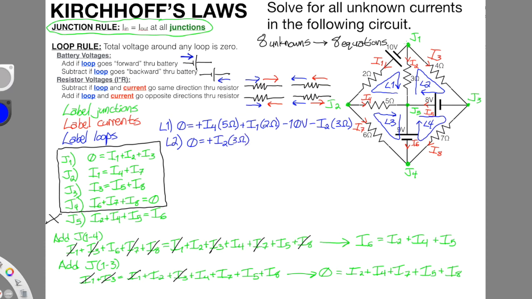Then our loop goes down right through the 4 ohm resistor, the same direction as I3. So since the loop and the current are in the same direction, we will subtract this resistor voltage. And lastly, loop 2 goes forward through the 8-volt battery, so we will add that battery voltage.